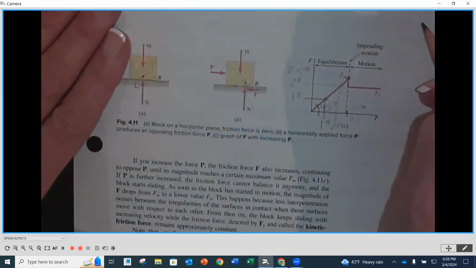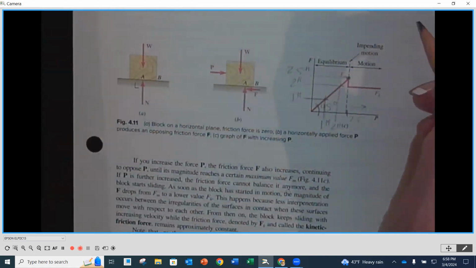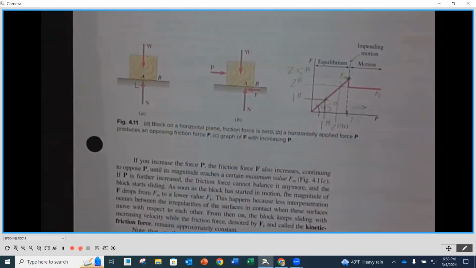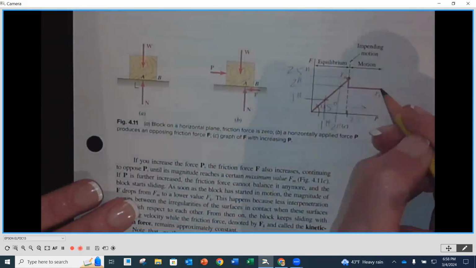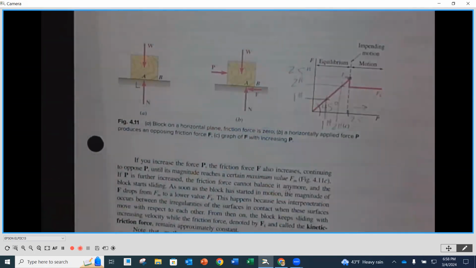So it's no longer going to be a relationship that goes up. My kinetic friction force is actually going to be a little bit less than that maximum friction force, and we'll talk about that in just a bit. But that means that this is the friction force that occurs when I'm actually moving.